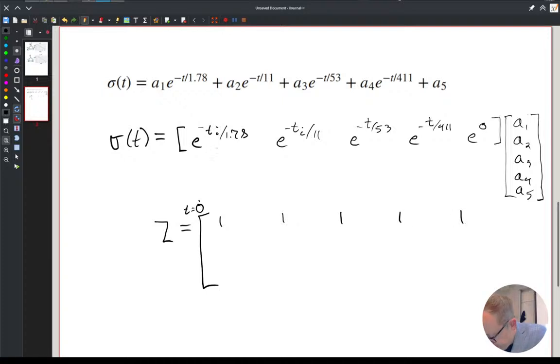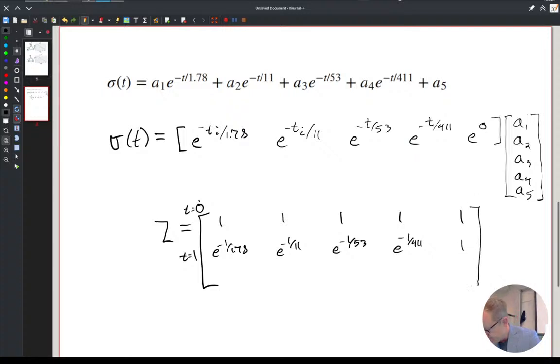And then e to the negative 1 over 1.78, e to the negative 1 over 11, 1 over 53. And then that one's still just 1.